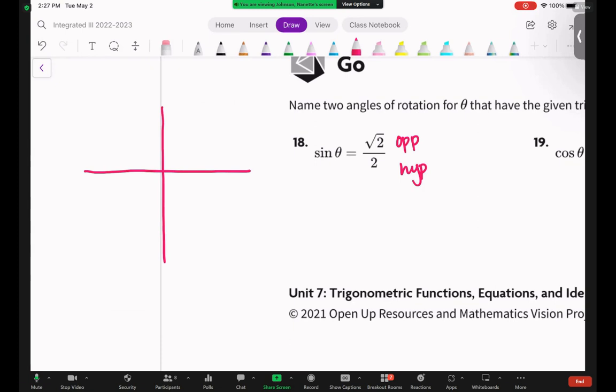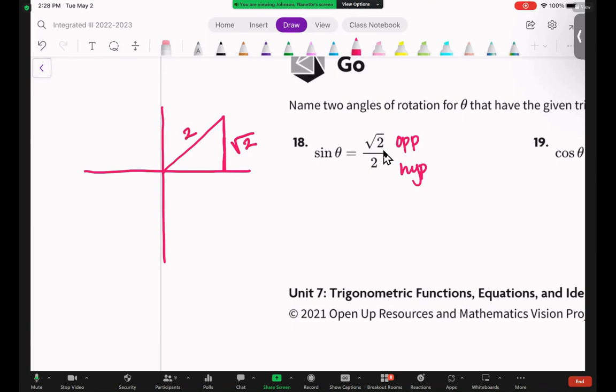It says the opposite is root 2 and the hypotenuse is 2. So I'm going to think that the opposite is here. Then I just start labeling things. I say this is root 2 and this is 2.